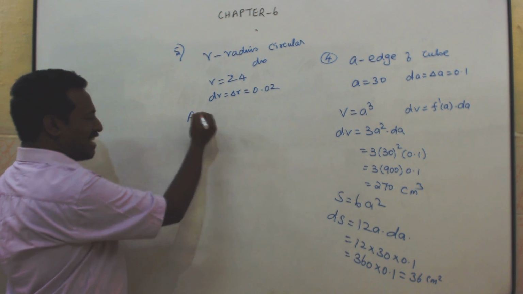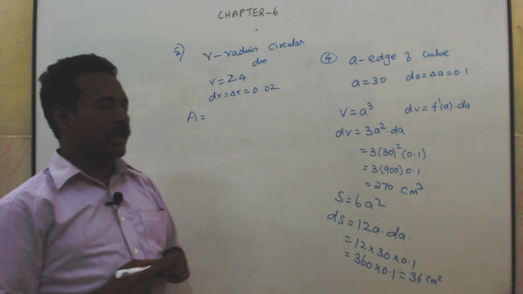Area of circular disc A equal to, we know the formula, pi r square.